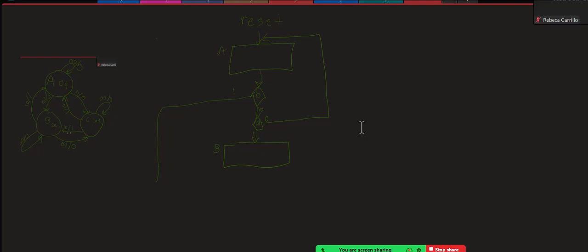Oh, I called these something different from before. That's okay. And then from state B, we also have two possible inputs.